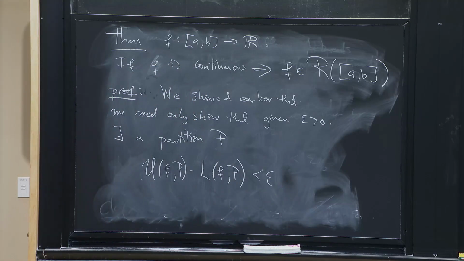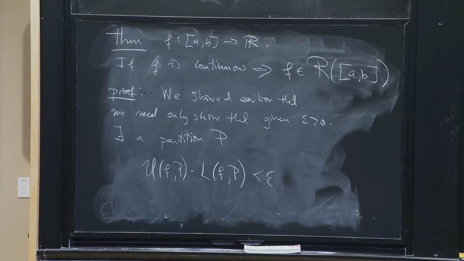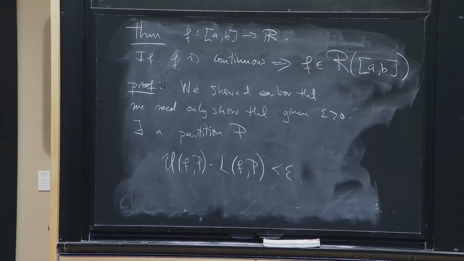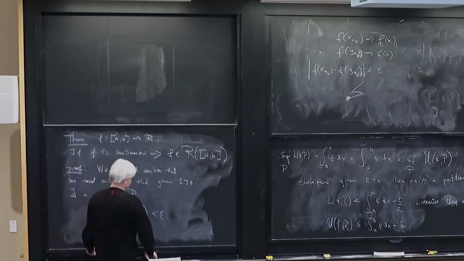Right? That's all we need. We need to prove that for each epsilon there exists a partition so that the upper and the lower sum are within epsilon of each other. Okay.